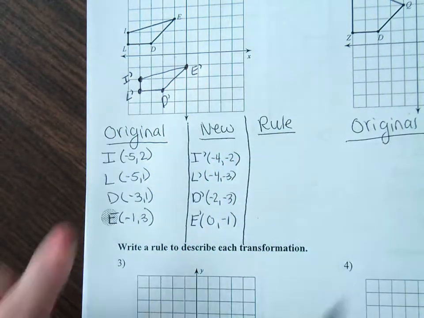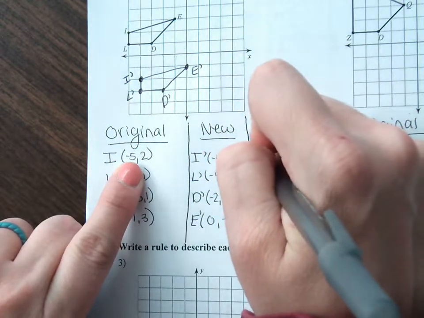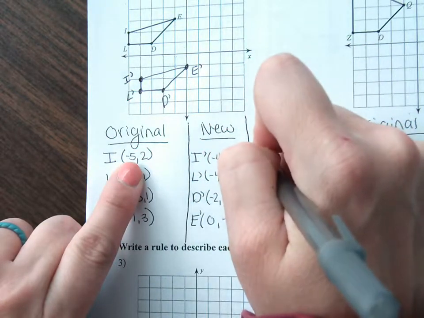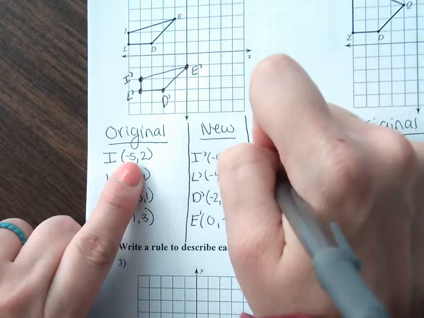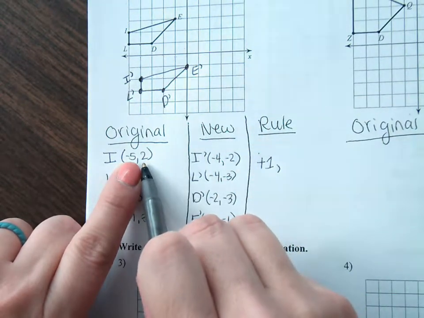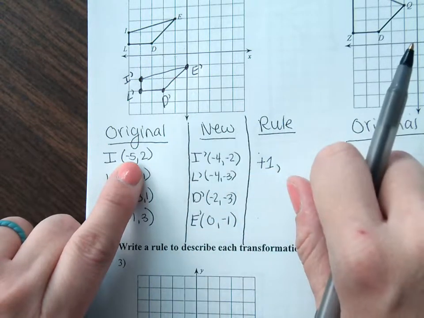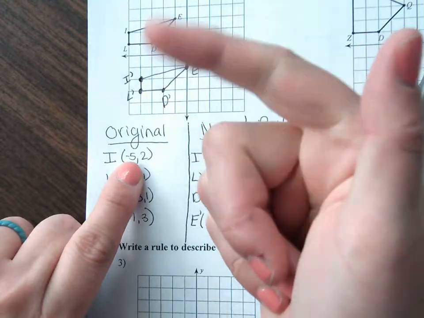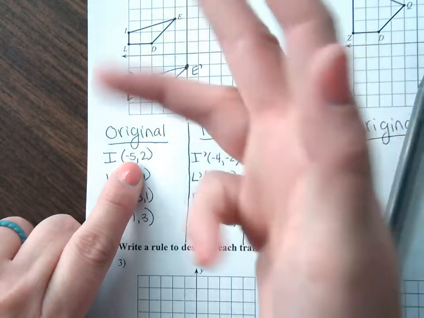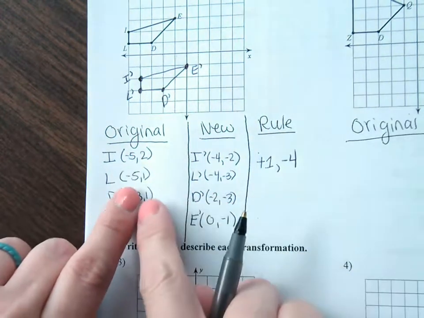So let's see what happens. Negative 5 to negative 4. The rule for I, we added 1. So we added 1 for our x coordinate. And then 2 to negative 2: 1, 0, negative 1, negative 2. So we subtracted 4. Let's see if that stays the same.